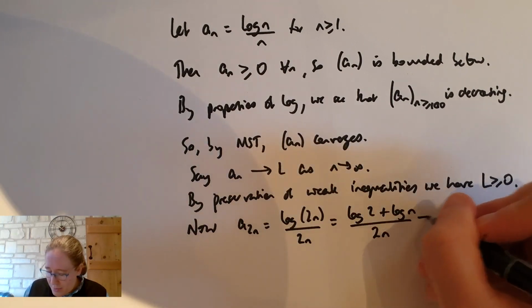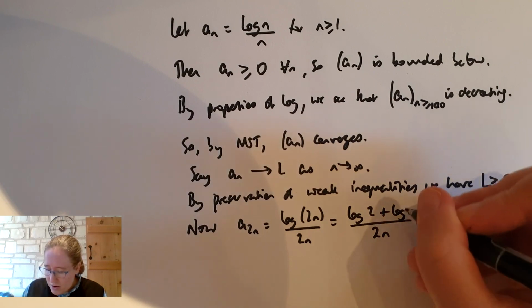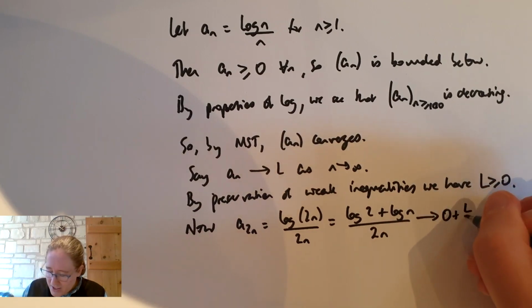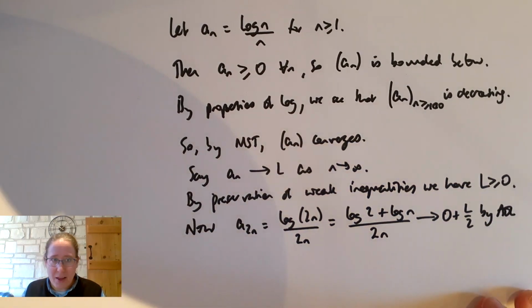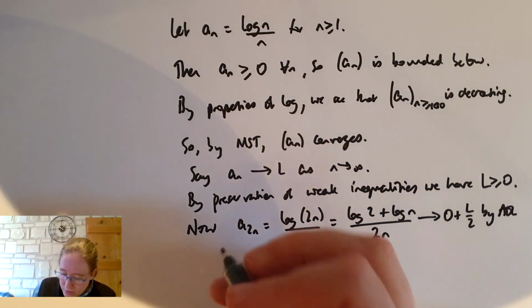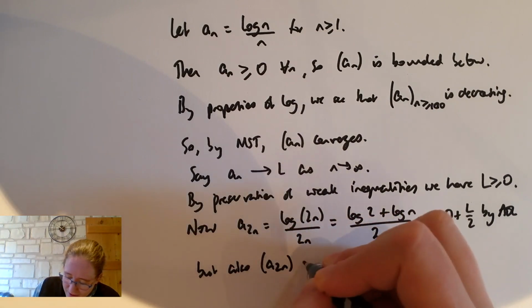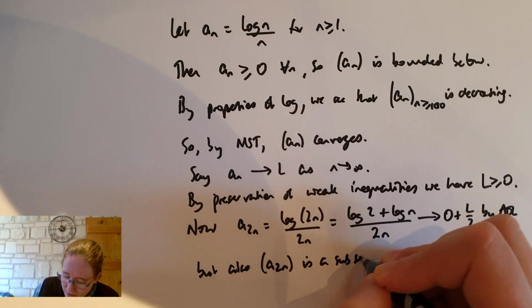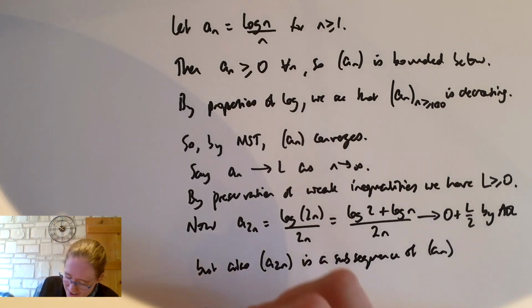And by the algebra of limits, log 2 over 2n is going to tend to 0, and log n over 2n is going to tend to L over 2. So that's by the algebra of limits. But also, a_{2n} is a subsequence of a_n, and we know that subsequences of a convergent sequence converge to the same limit.